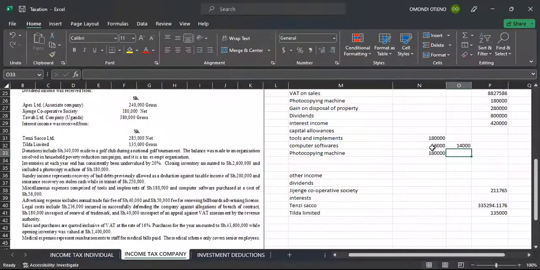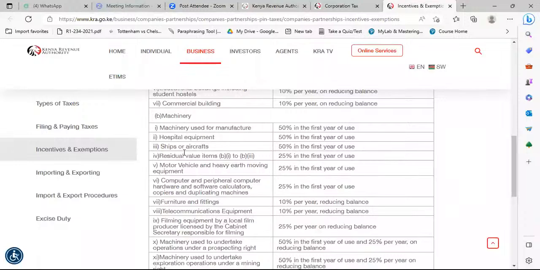Then photocopying machine. What are you going to do with it? Let's check the rate. We are being told here that we have computers and peripheral computer hardwares and software, calculators, copiers and duplicating machines.